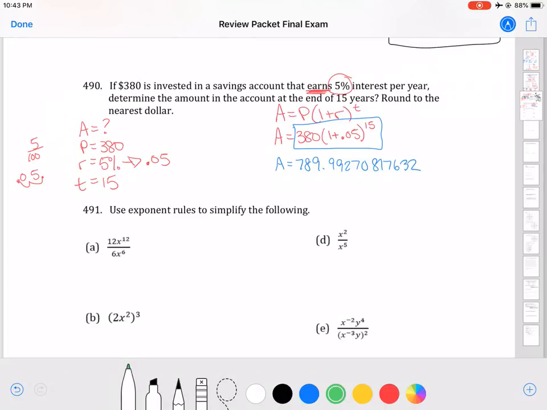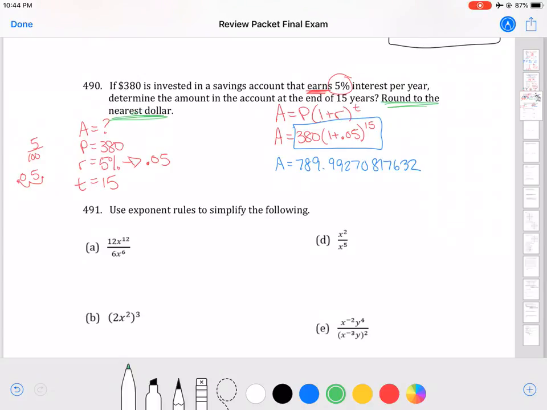And I have the decimal written up here that you should get in your calculator when you type that in. If you did not get that, double check that you plugged in all the parentheses, the decimal point right, and all that good stuff. That is the answer that you should get, and it does tell me to now round to the nearest dollar. Nearest dollar is just essentially the nearest whole number.